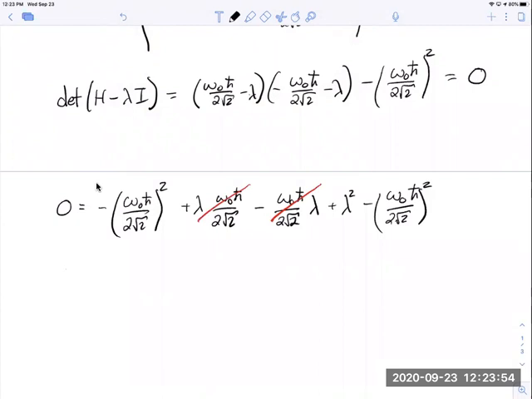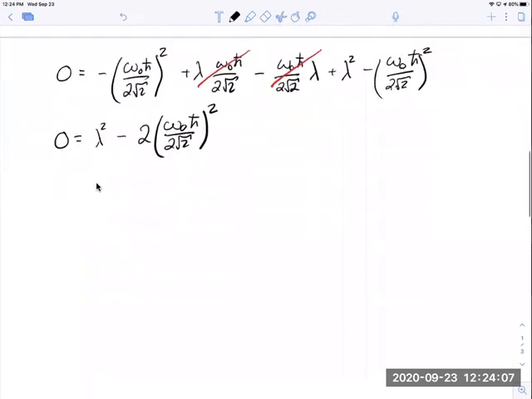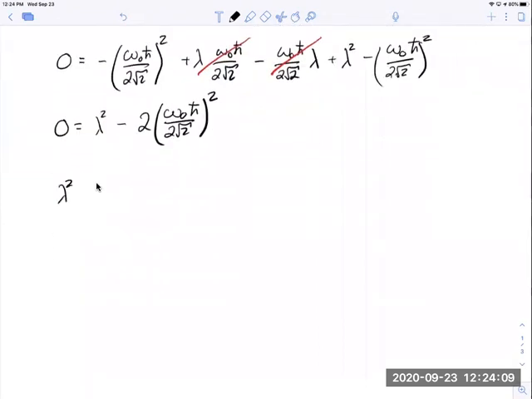All right, and then I can write this as lambda squared minus 2 omega naught h bar over 2 square root of 2 quantity squared, or lambda squared equals 2 omega naught h bar over 2 square root of 2 quantity squared.